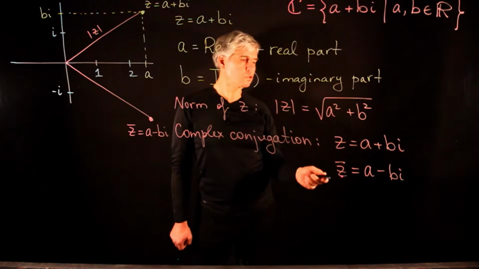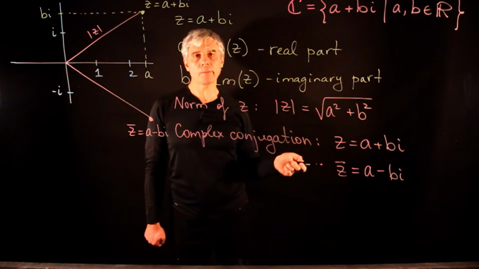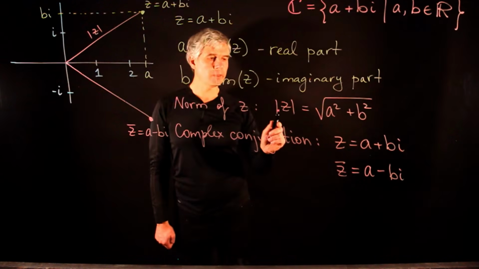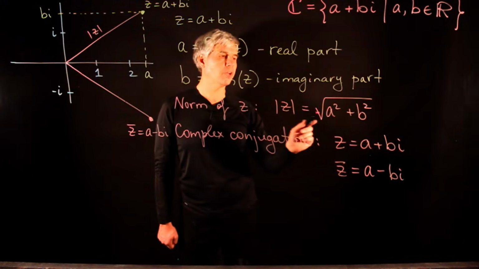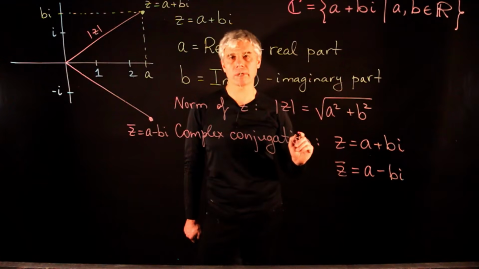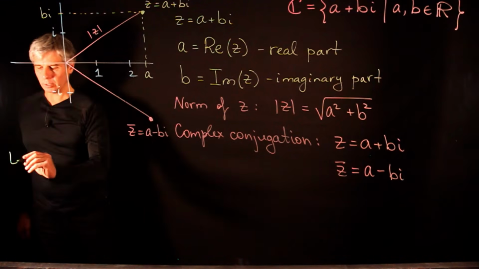Note that complex conjugation does not affect real numbers. The complex conjugate of a real number is the same real number. And the complex norm of a real number is just its absolute value. We'll get the square root of a squared. Let us list some properties of complex conjugation.